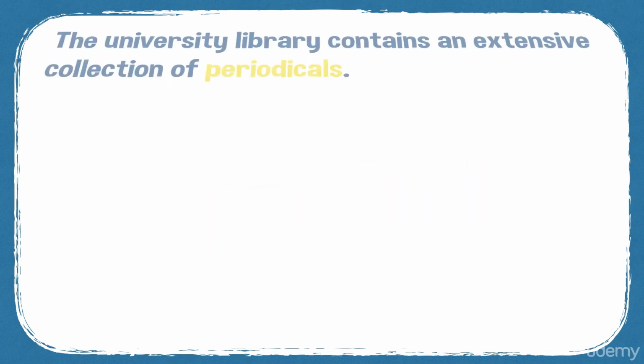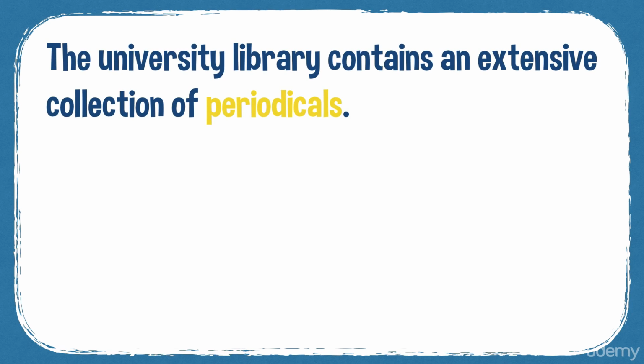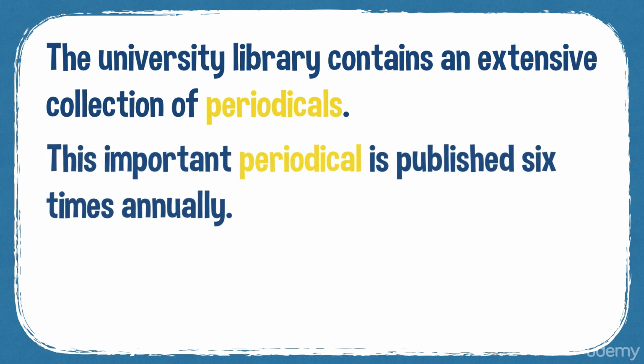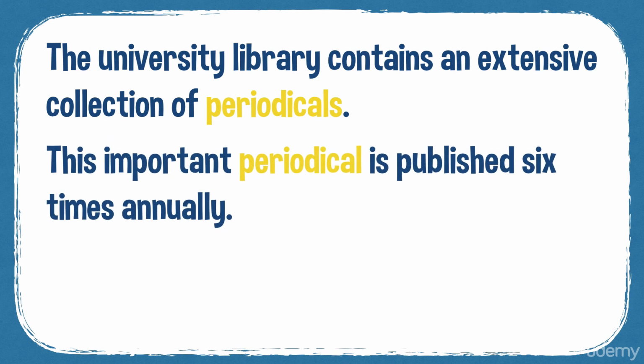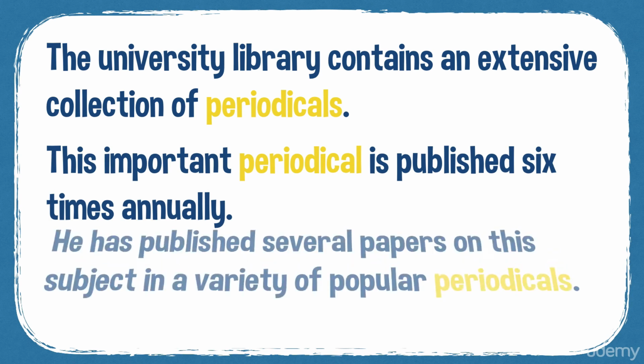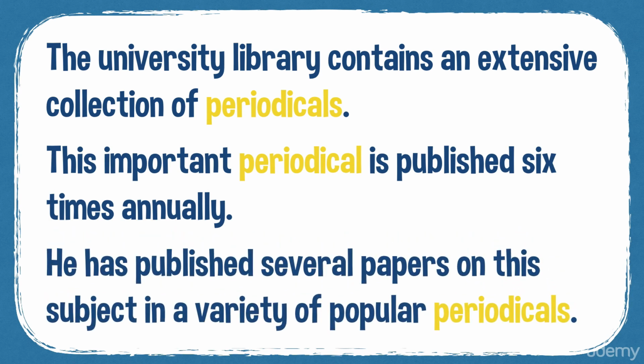So for example, the university library contains an extensive collection of periodicals. This important periodical is published 6 times annually. He has published several papers on this subject in a variety of popular periodicals.